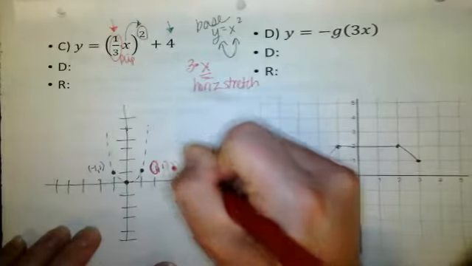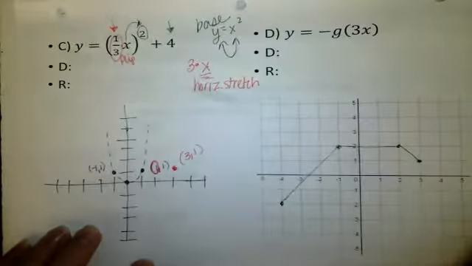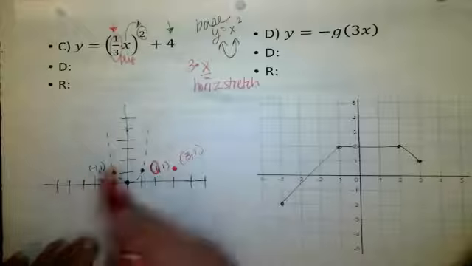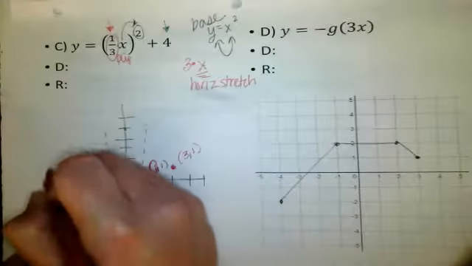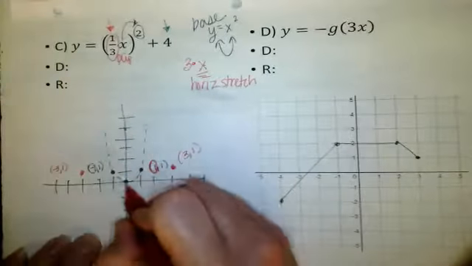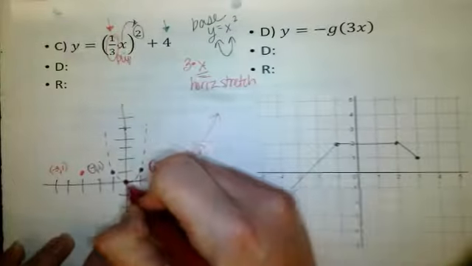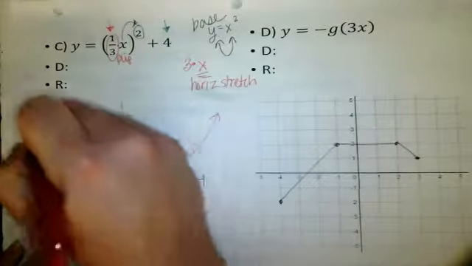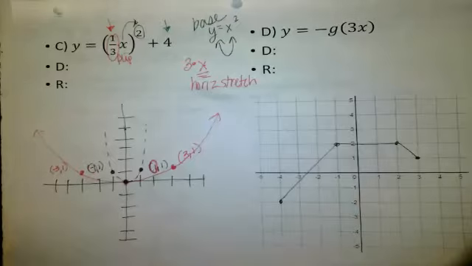Very good. So that becomes 3, 1. That x value changes. -1 turns into -3, 1. 0, 0 gets to stay where it's at, which is kind of nice for us. So we get a much wider parabola.